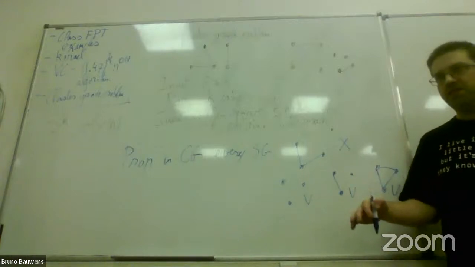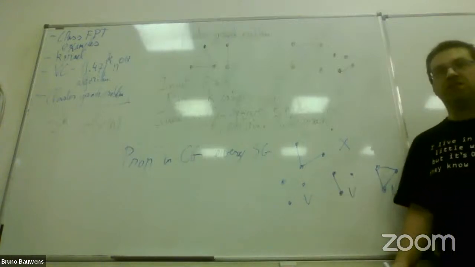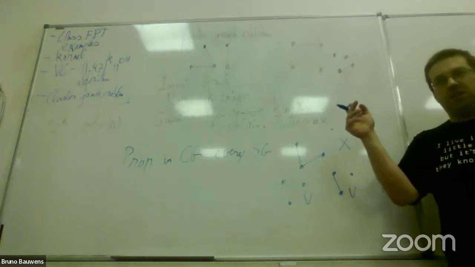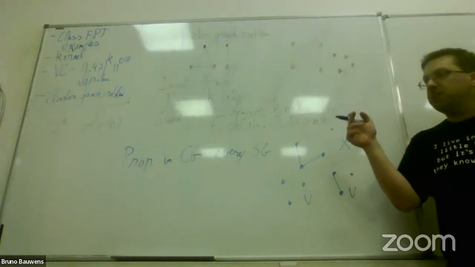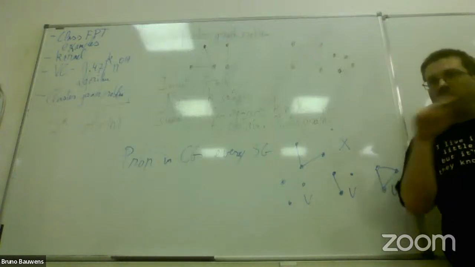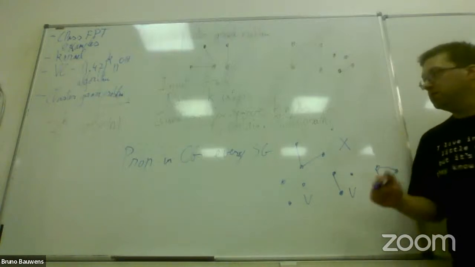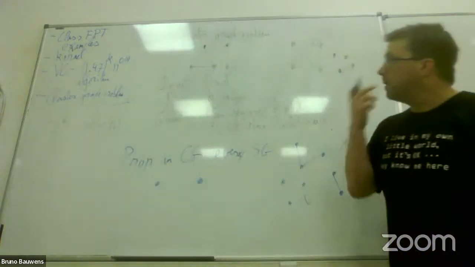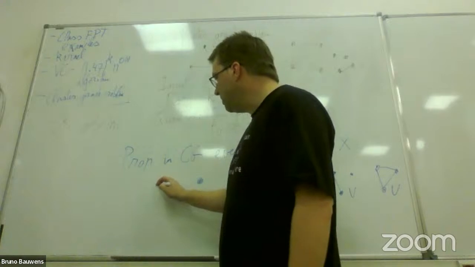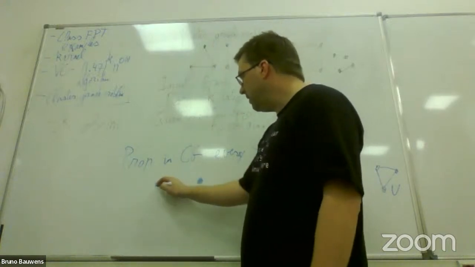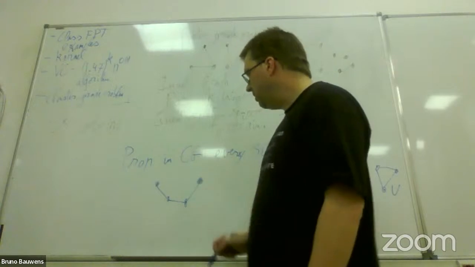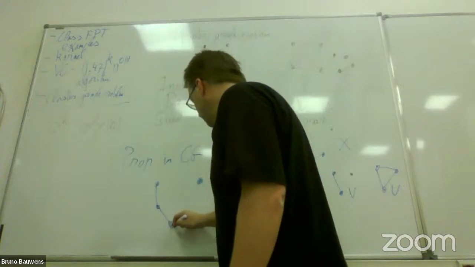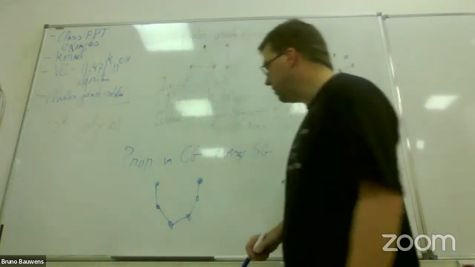Let's suppose it's not a cluster graph. Then we must find 2 nodes that are connected by a long path, but not directly connected. So 2 disconnected nodes, but they are connected by long paths. So imagine that we have no cluster graph. So it means that there are 2 nodes which are connected, but not directly.